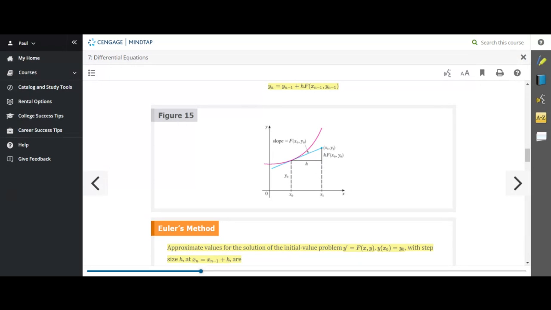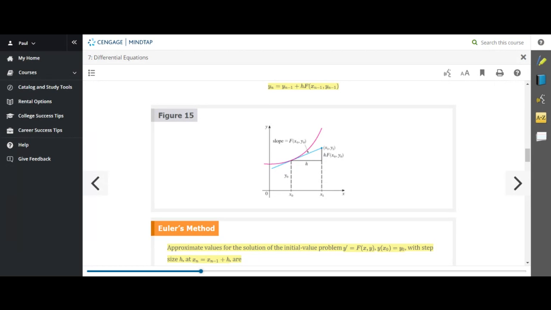If we want to approximate values to a solution of a differential equation, Euler's method says start at some initial value. So the initial value here is the point x sub 0, y sub 0 in figure 15. That's like your initial value. And since the solution must pass through that point, we know that point is on our solution.